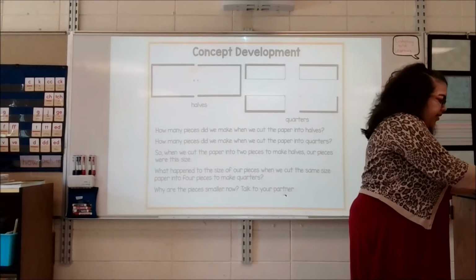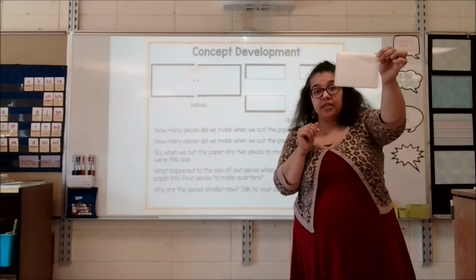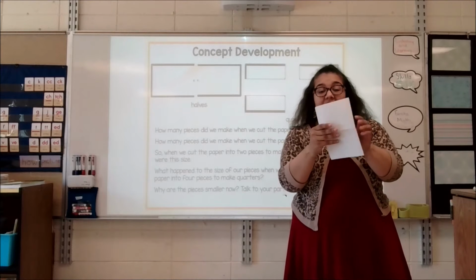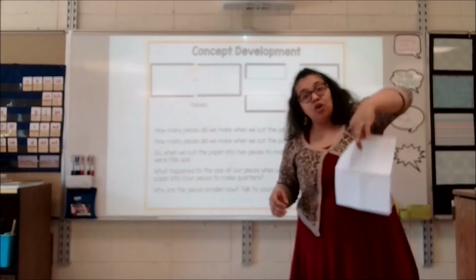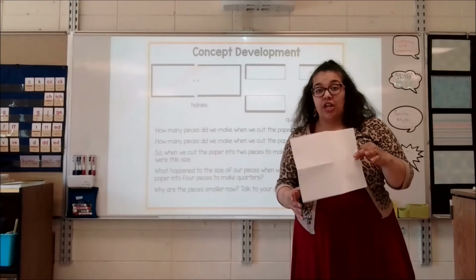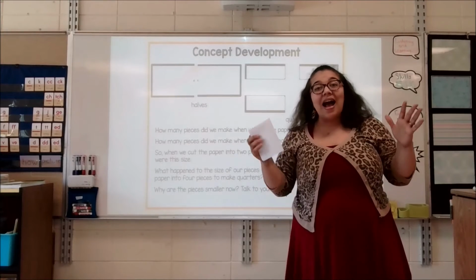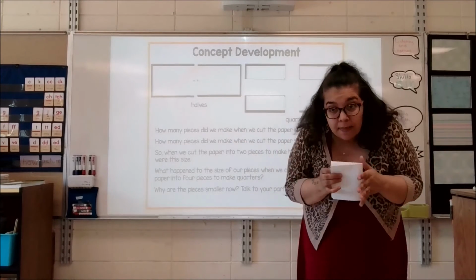But if I then fold it again and make 4 equal pieces, look at the size. The size of each piece changed, because my total amount of paper didn't change, but I want my pieces to each be the same size. The more pieces I make, the smaller my pieces get.